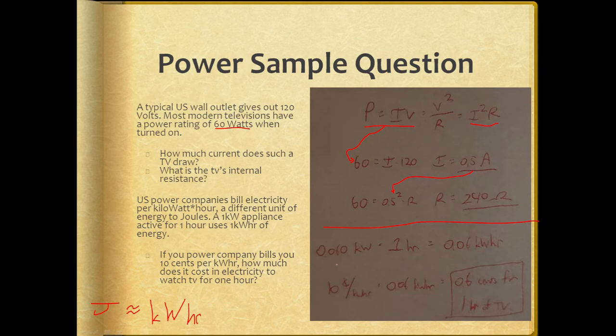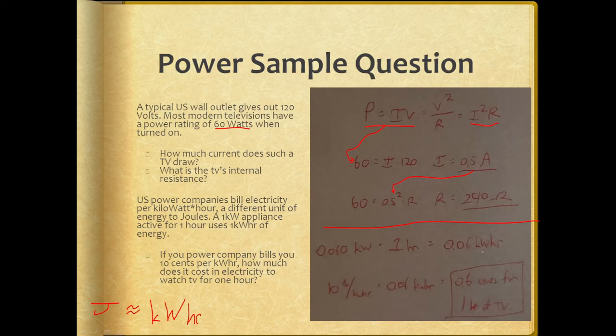So, we know 10 cents per kilowatt hour. If we find the number of kilowatt hours of energy this TV would hypothetically use, we can figure out how many cents that would take. So, our 60-watt TV converts 60 watts into kilowatts, which would be 0.06 kilowatts, times 1 hour equals 0.06 kilowatt hours.